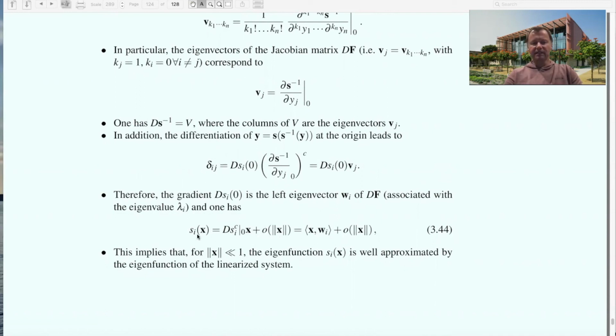And so we are seeing that the Koopman eigenfunctions are in fact the linear eigenfunctions plus some small order in terms of the size of x, for x small, right? So that's the place where you can perform the Taylor expansion or utilize the Taylor theorem, and therefore these nonlinear eigenfunctions are well approximated by the eigenfunctions of the linear system close to an equilibrium.